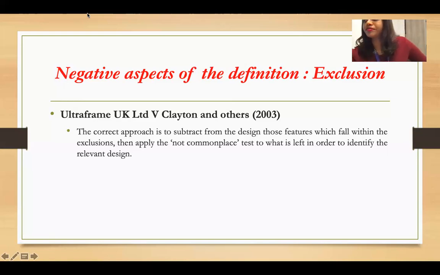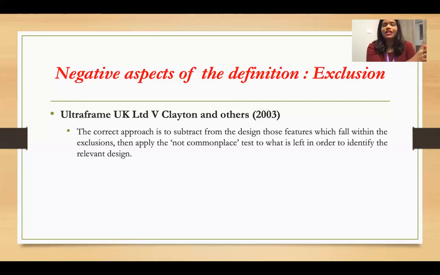Okay, let's continue with the exclusion. When I told you about exclusion, what you have to remember is these four things: method of construction, surface decoration, must fit, and must match. So these four are an exclusion for unregistered design rights.